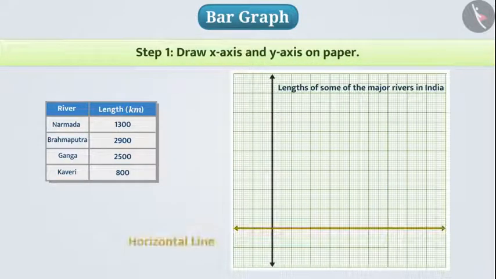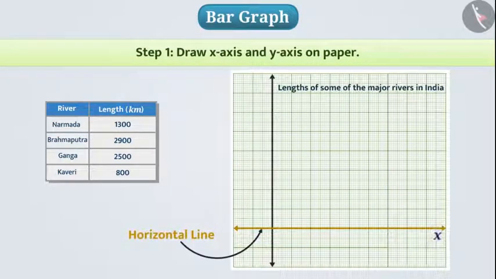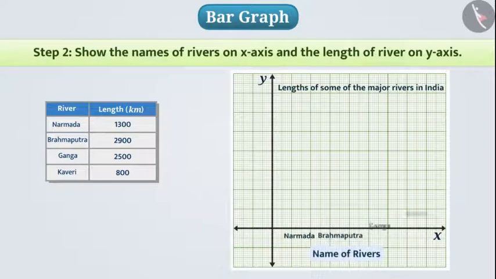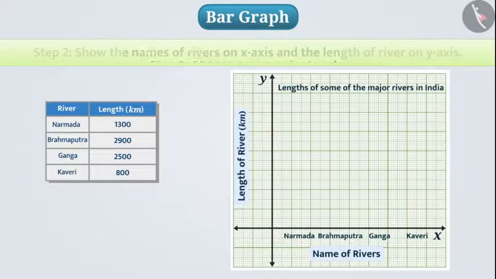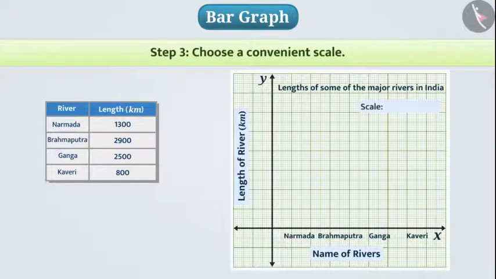The horizontal line is the x-axis and the vertical line is the y-axis. Now we will show the names of the rivers on the x-axis and the length of the rivers on the y-axis. Now we will choose a convenient scale. Can you tell which convenient scale should be taken to show the length of the rivers? Think.